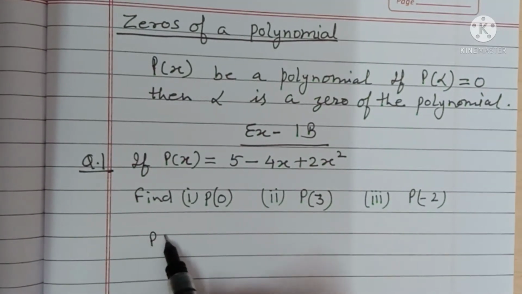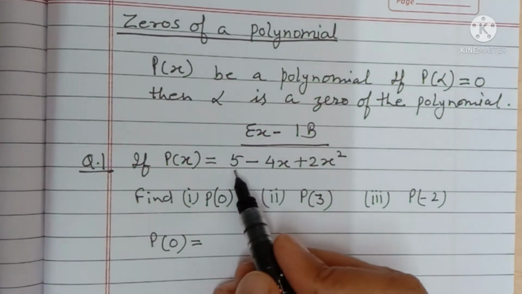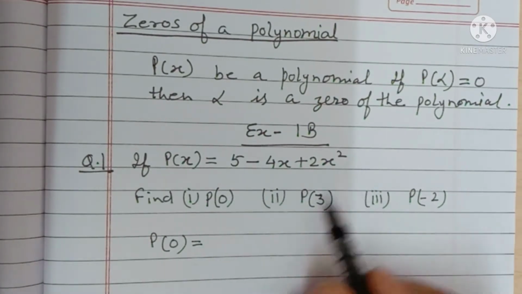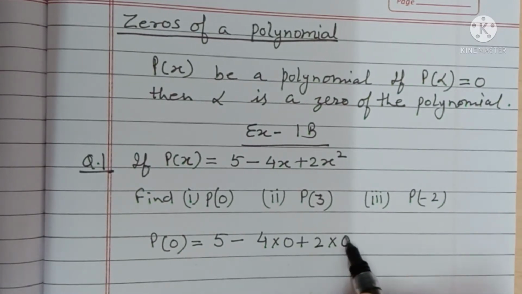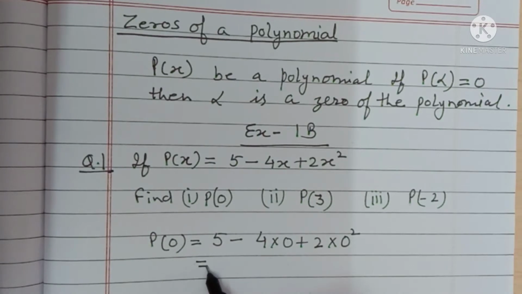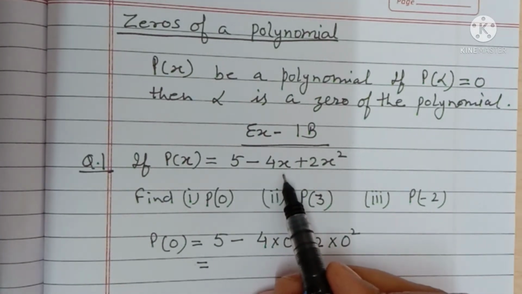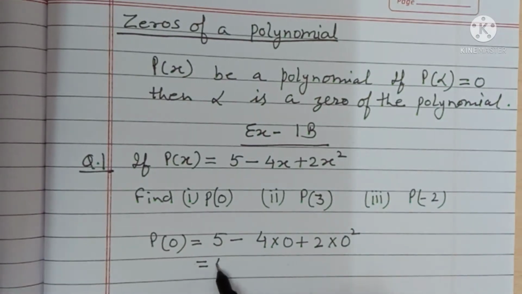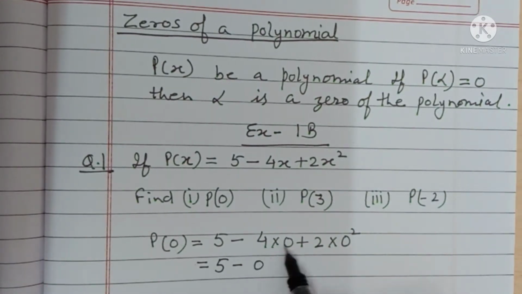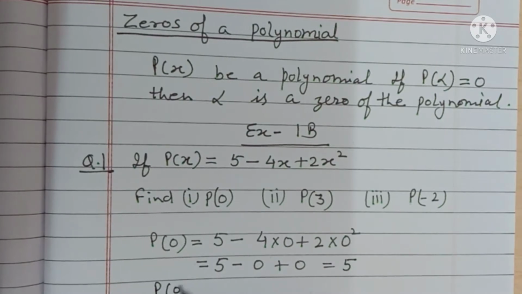So P(0) is equal to, putting the value in the expression, 5 minus 4 into 0 plus 2 into 0 square. Here we have substituted the value 0 in place of the variable x. So this becomes 5 minus 0, this becomes 0, and this is also 0. You will get the answer 5. So P(0) is equal to 5.